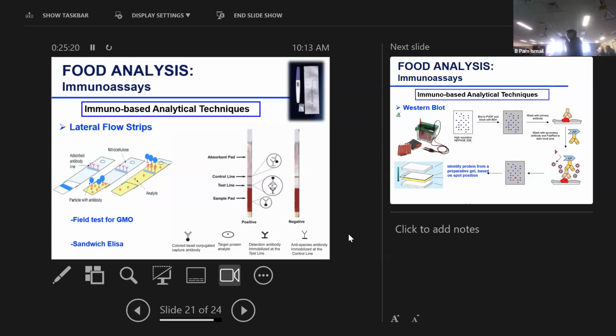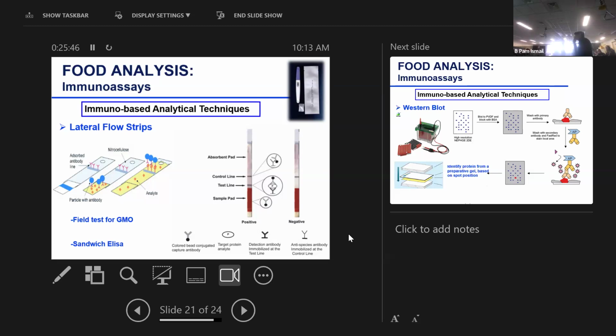So what happens is when you dip it in your sample, if you have the antigen, for example, in pregnancy, there's a specific protein. In GMO, there will be a GMO modified protein. It will interact with this color labeled antibody and then move up the strip.